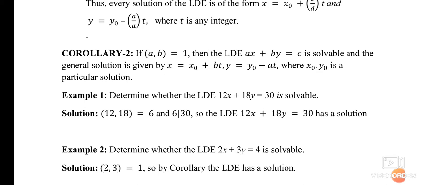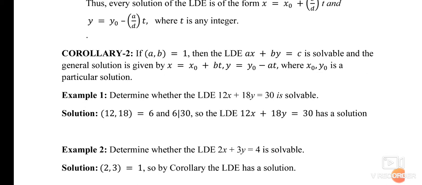By the above theorem, we have proved that the LDE is solvable if and only if the GCD of the coefficients of the two variables divides the constant term c. Thus, in this problem, the integral solution exists if GCD of 12, 18 divides the constant term 30. Here 12 and 18 are the coefficients of x and y.